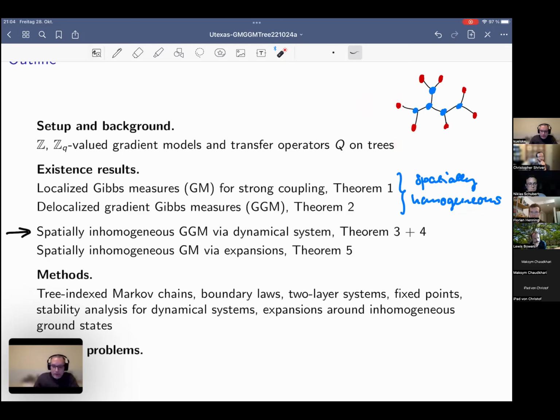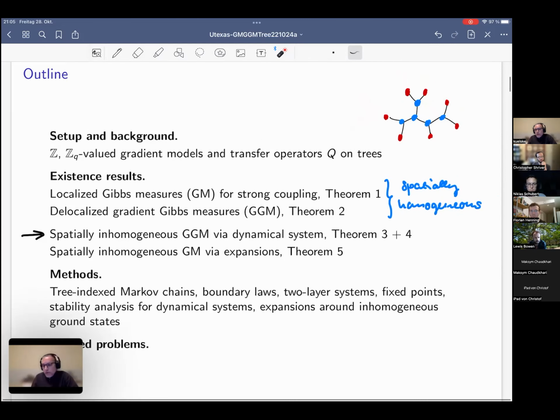There will be a number of theorems and types of results, and for the most part, this is work with Florian Henning, who is also present in the audience. I will start with some existence results of Gibbs measures and also gradient Gibbs measures, and we will see what is the difference for gradient models, so for gradient specifications, where the energies will depend only on the jumps which the configuration makes along the edges.